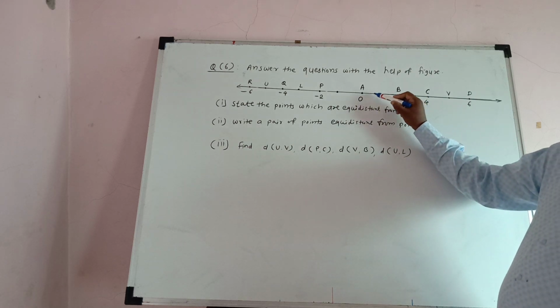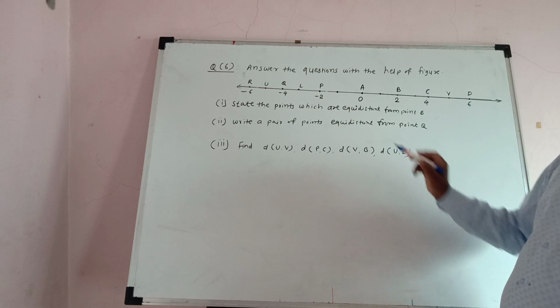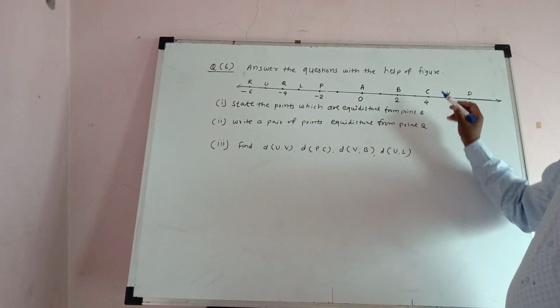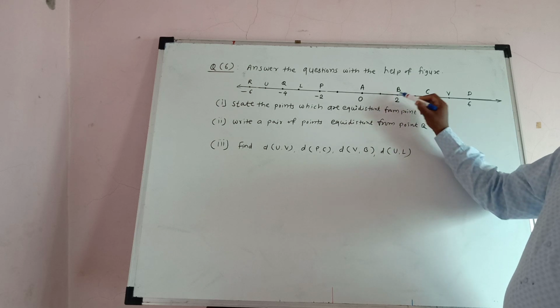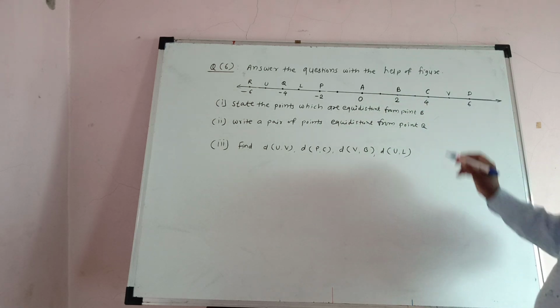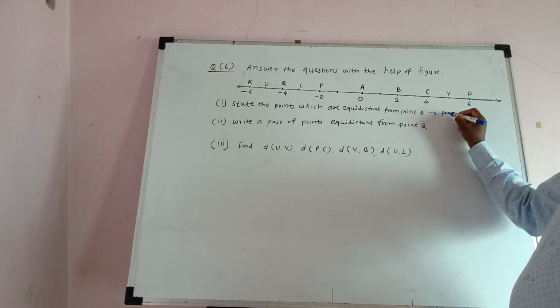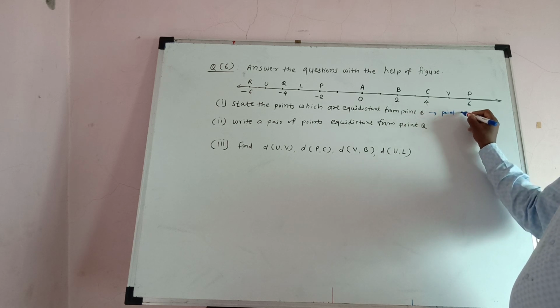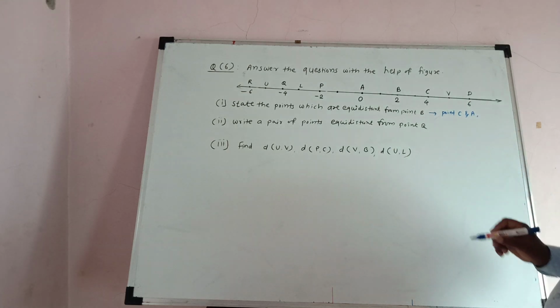And 1, 2. 2 units toward the left of B, there is a point. Therefore, point C and point A are equidistant from point B. So we can write here points C and A. This is the correct answer.